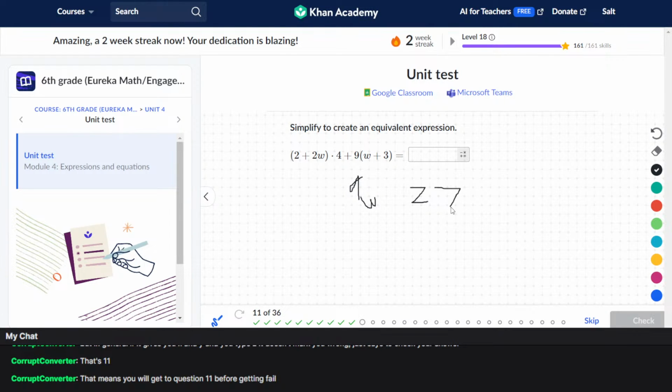Oh god, it looks like a Z. Oh yeah, and then this is 8. 8W. 17W plus 35.